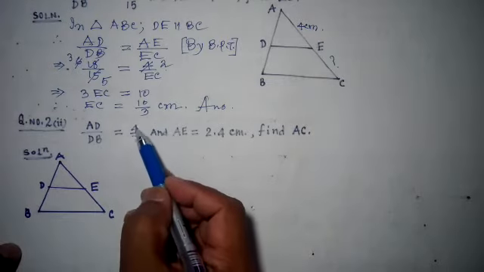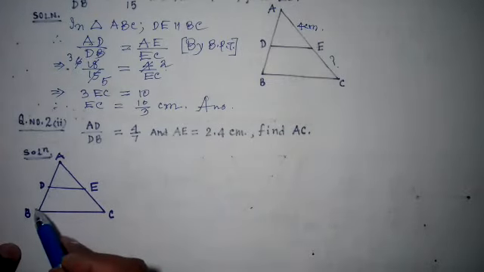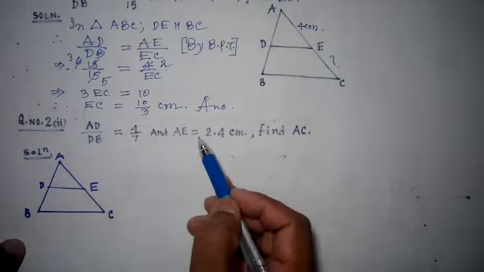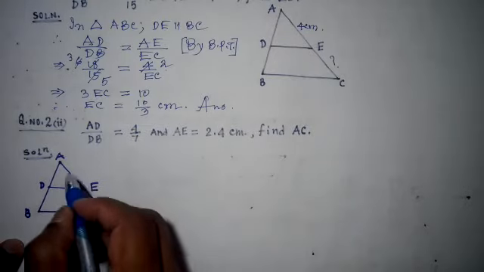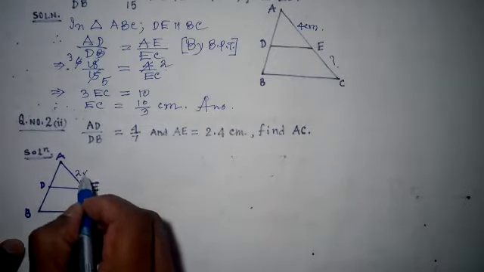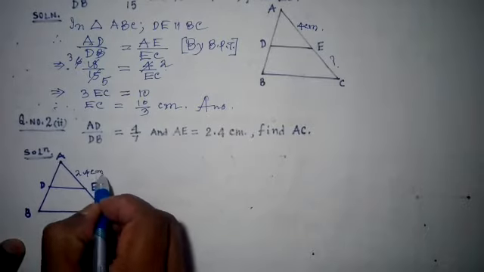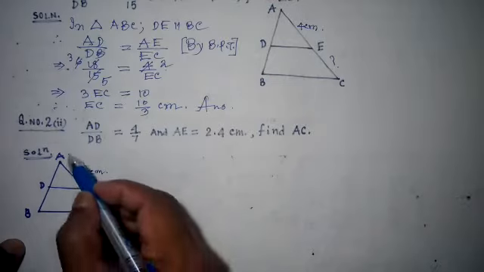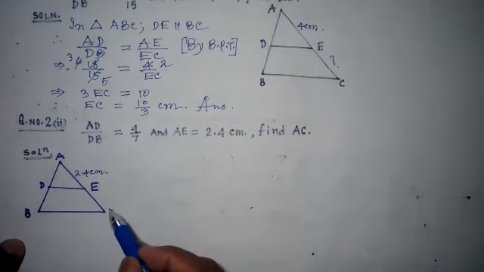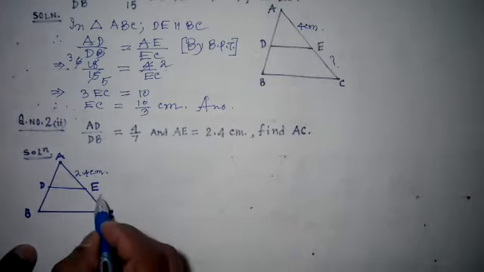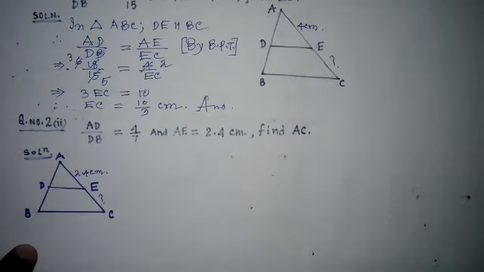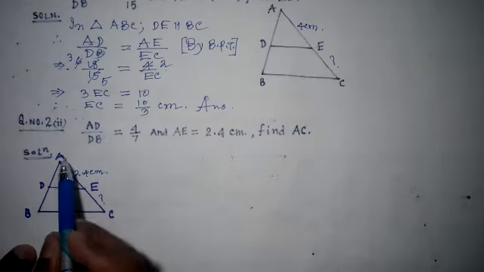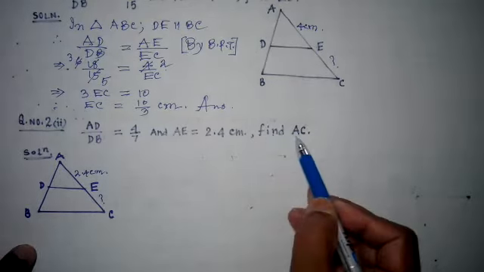Given AD by DB is 4 by 7, this value is given, and AE equal 2.4 centimeter. Find AC, the whole length. To find the whole length, first let us find this EC, same as question number 1. After getting EC, if you add AE plus EC, you will get AC.